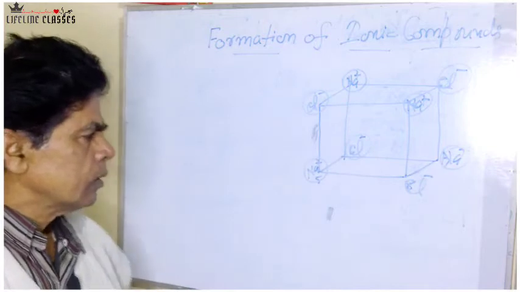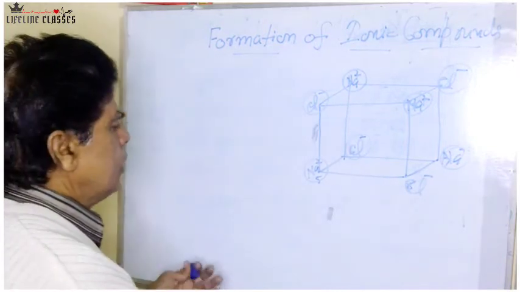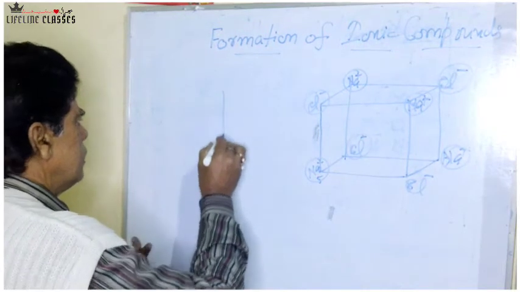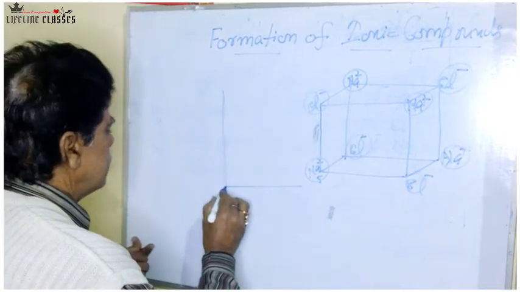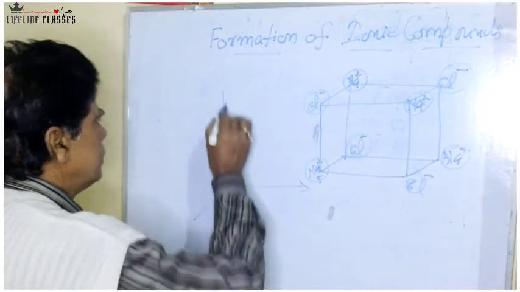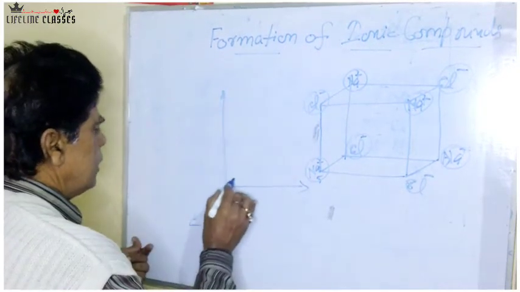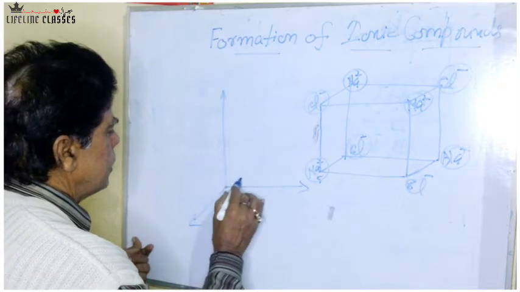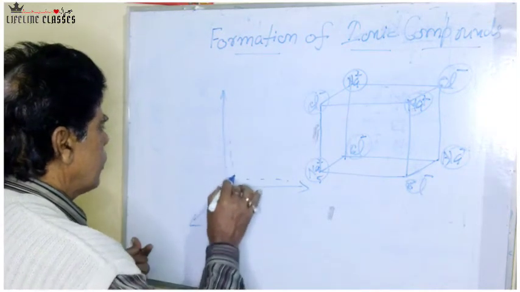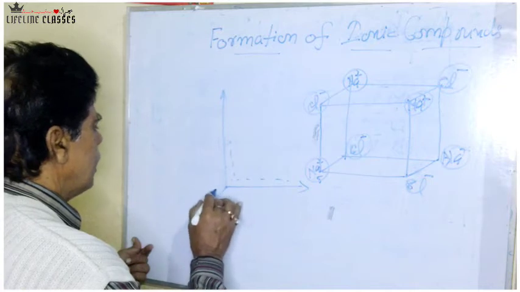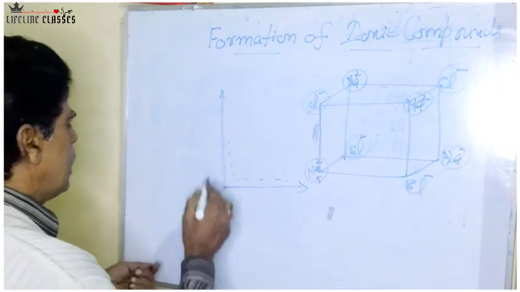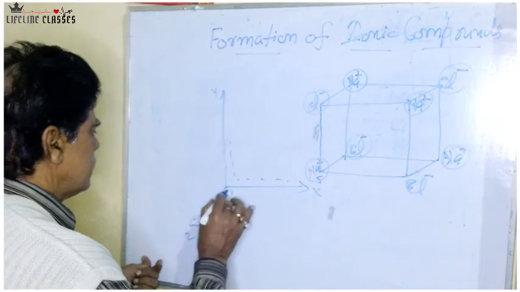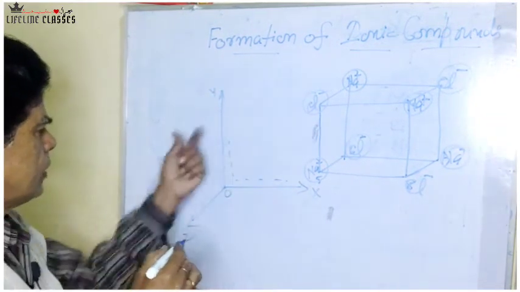So if such a cubic crystal is extended along the 3 dimensions, that is the x, y and z axes, that is, a number of crystals are arranged in this order, then this order, and then one above the other.